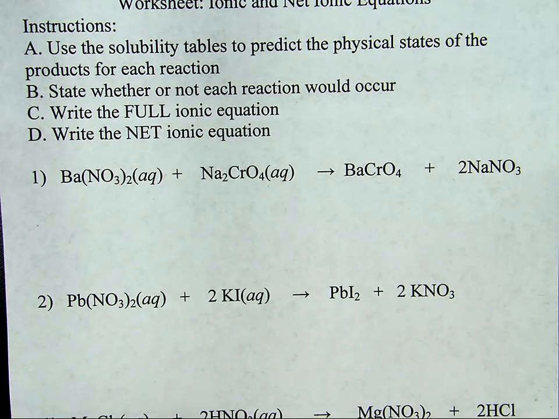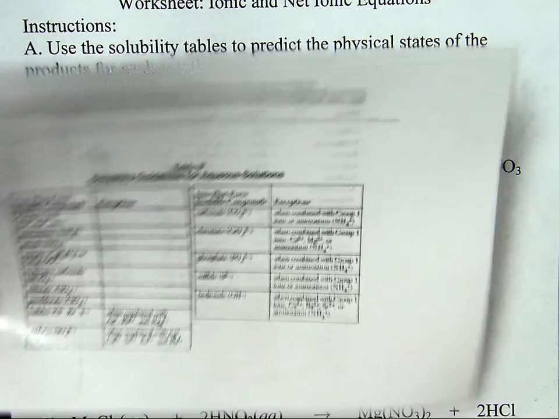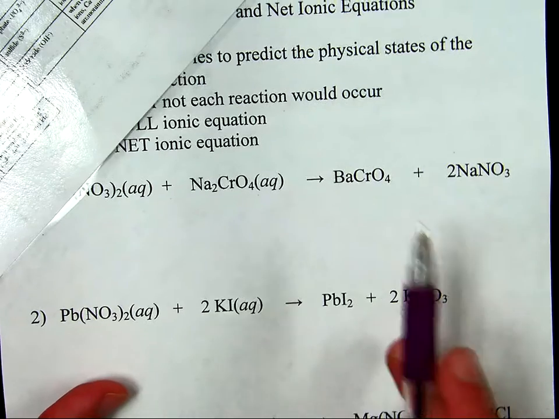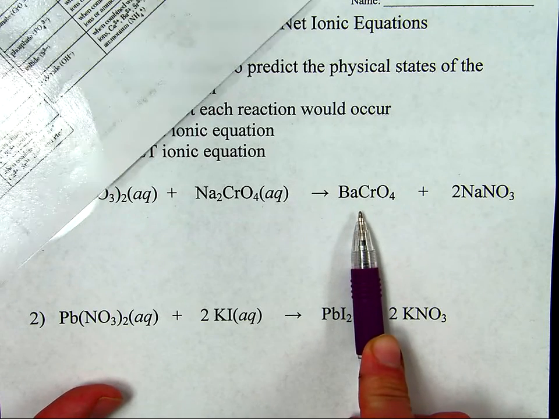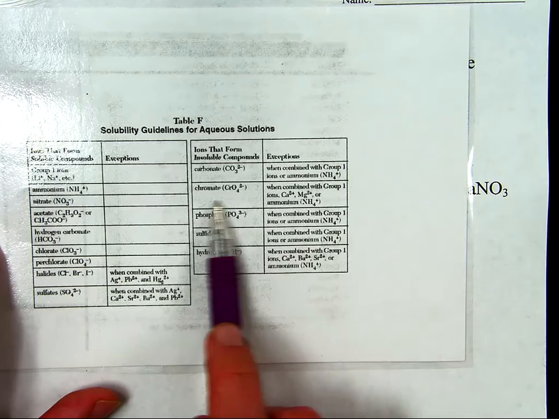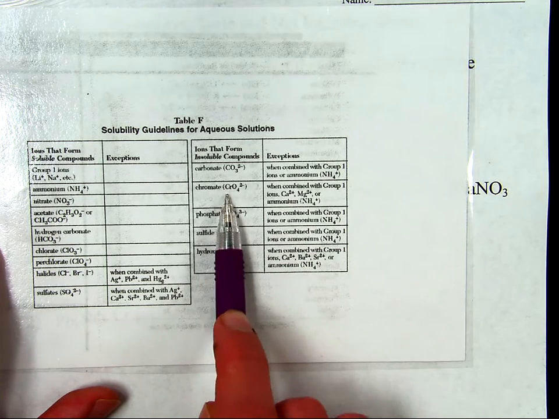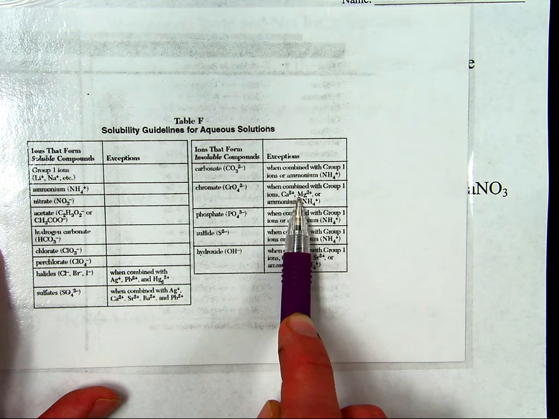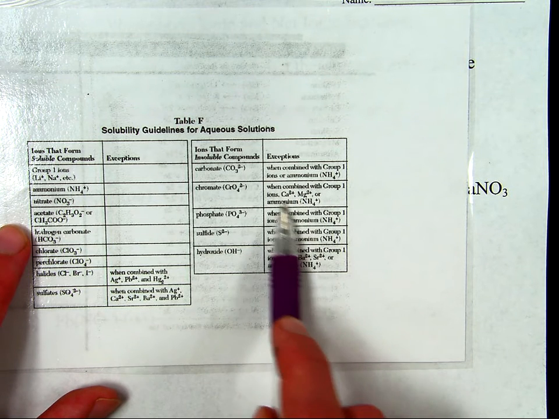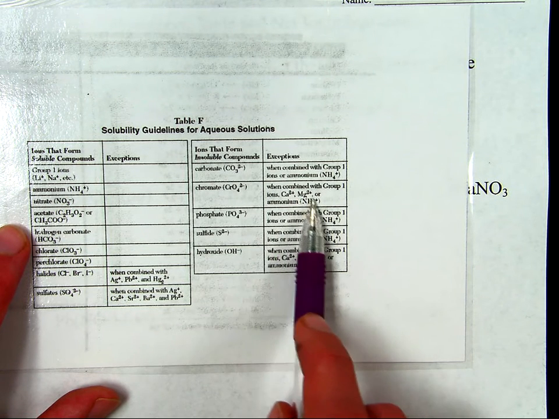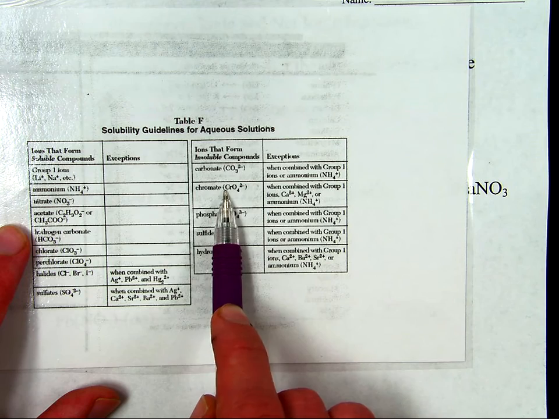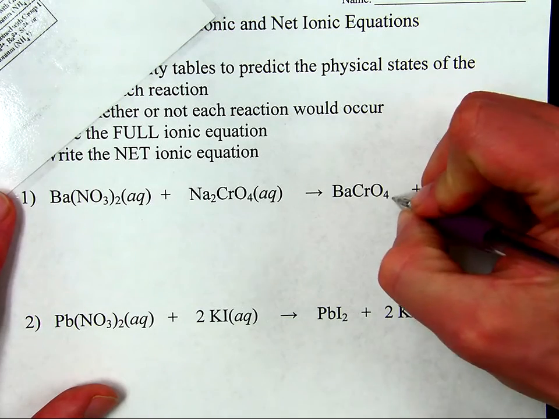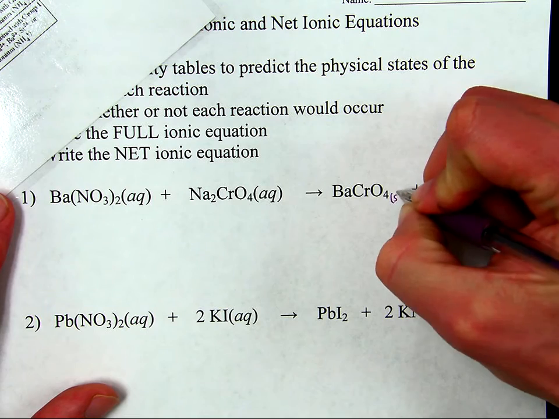So using that solubility table, I've got to look up this barium chromate here. I find chromate. It's under the insoluble, which means it will not dissolve in water unless it's one of the exceptions. And barium is not one of the exceptions for chromate, which means chromate is going to follow the general rule of insoluble, so I'm going to say that it is going to be solid in this equation.